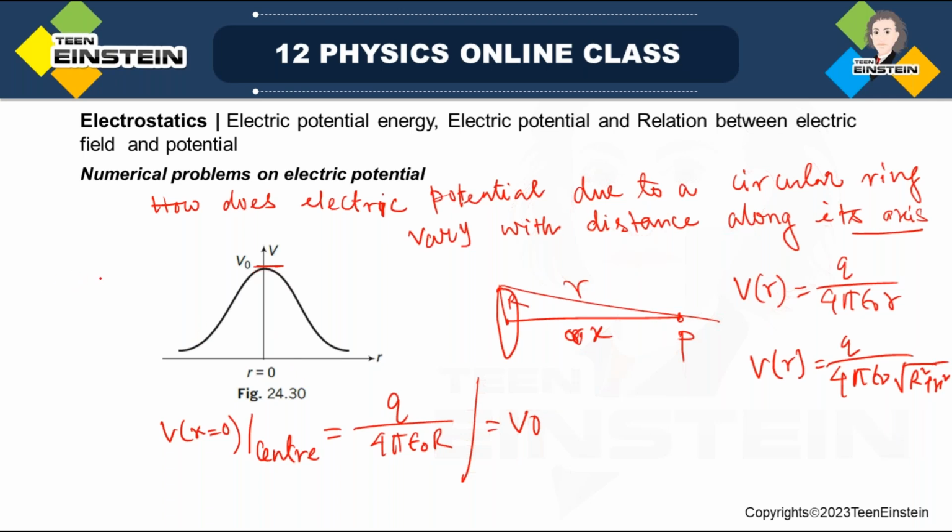So if I have a ring like this, the electric potential varies like this. At the center it will be maximum, and on either side the electric potential will be decreasing. So this is actually kind of a bell-shaped curve or Gaussian curve. All right, so this is the thing.